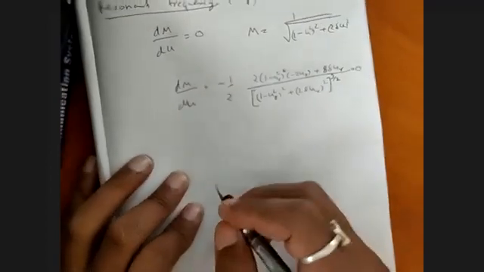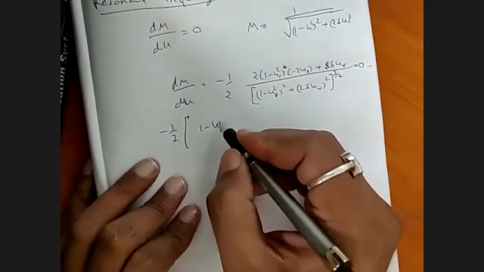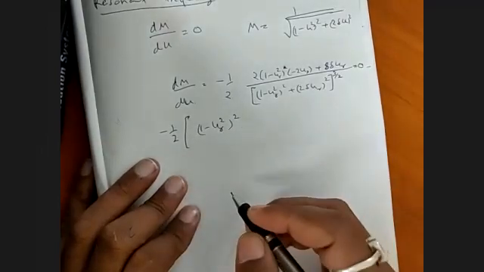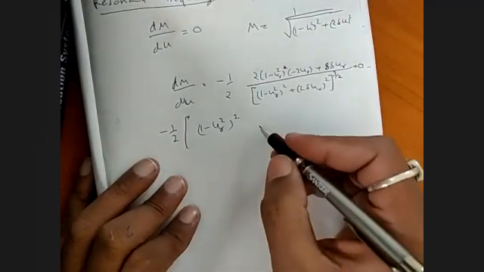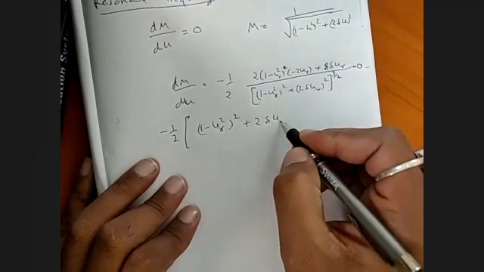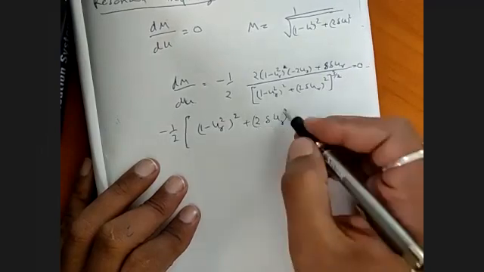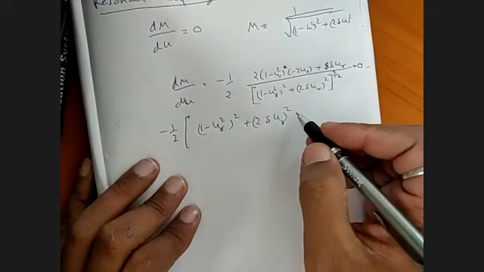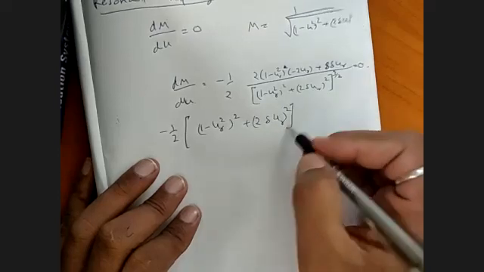तो इसको हमें इक्वल टू 0 करना है. तो दिस विल बिकम -1 by 2, 1 minus ur स्क्वायर का होल स्क्वायर प्लस 2 delta ur स्क्वायर की पावर -3 by 2.